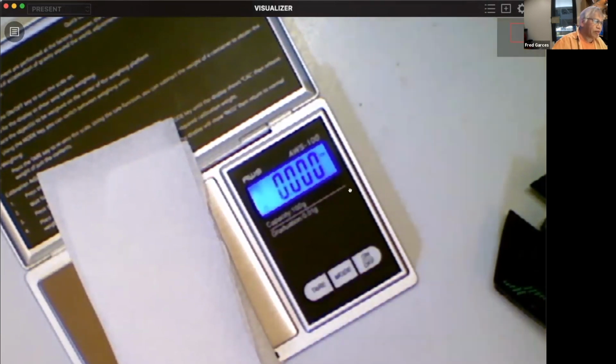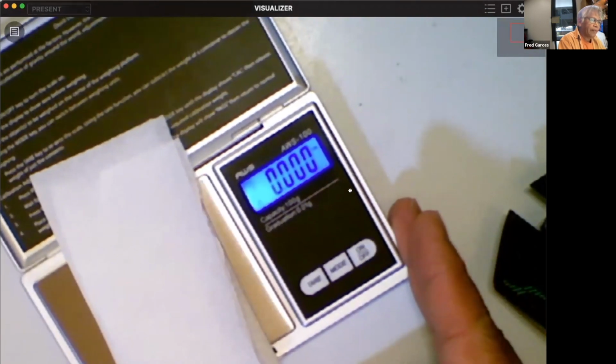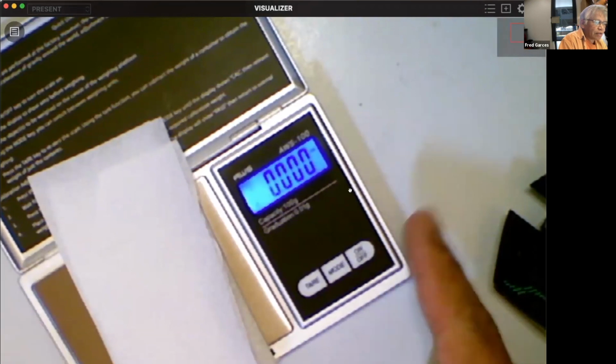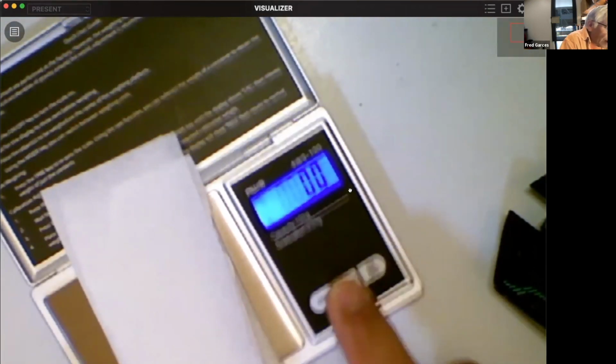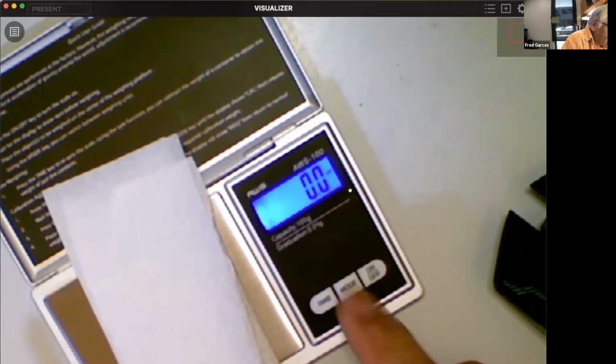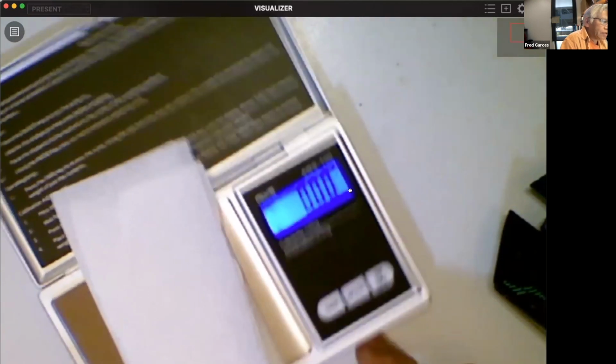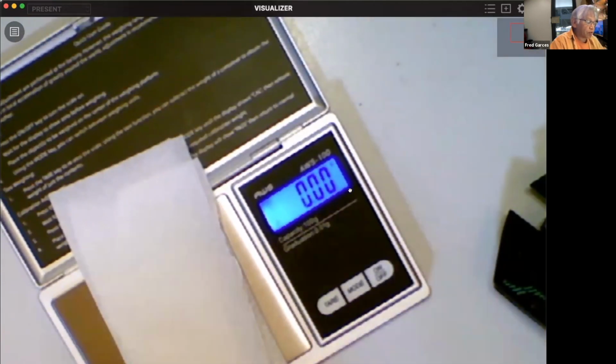I know that it's very hard to see that because it's blurry. That's because the camera that I have overhead is not a high-res camera, but it's good enough. Or it can do GN, grains, and it can do carat. If you got a diamond ring, you can weigh it. But you want grams. Okay, make sure it's grams because we want to do that.